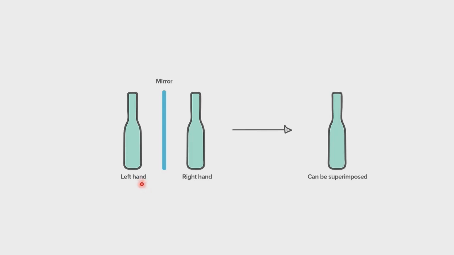achiral. In an achiral molecule, carbon atoms contain at least two same groups on their hands, so that when we allow them to superimpose on each other, they will exactly fit the original image.